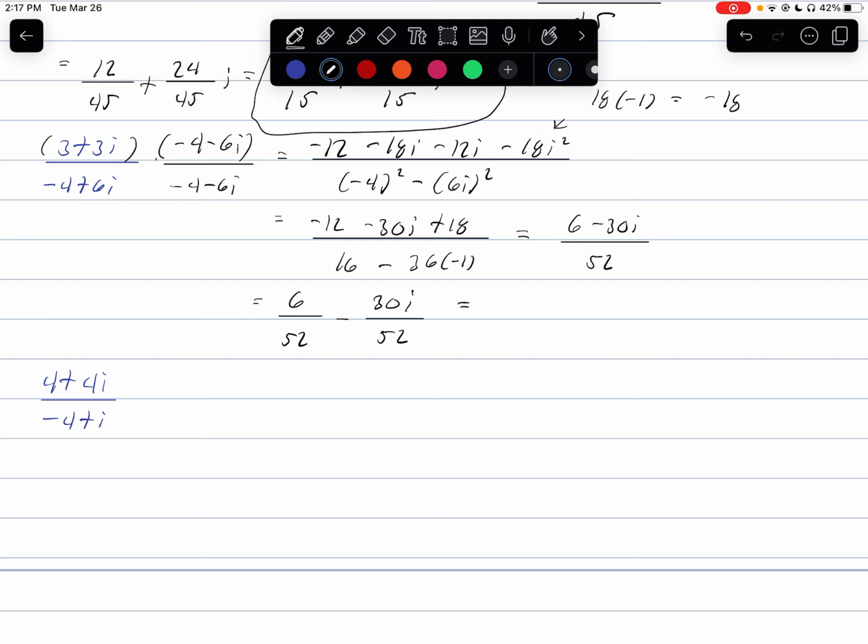We'll notice that these are both divisible by 2. So if we divide by 2, we'll get 3 over 26 minus, and 30 and 52 are also both divisible by 2. So we'll get minus 15 over 26i.